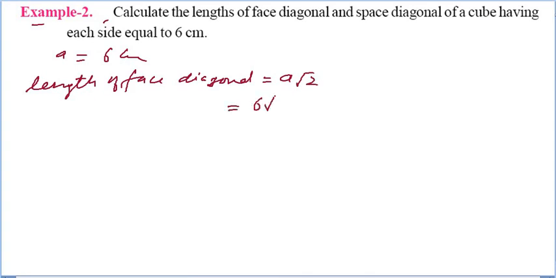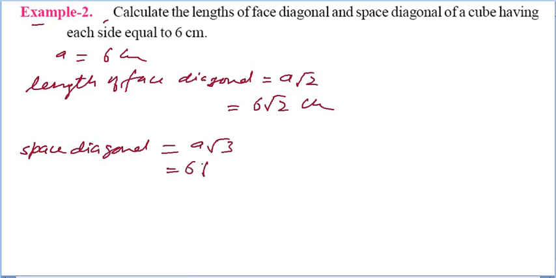So A is given as 6. So 6 root 2 centimeter. Now space diagonal. Space diagonal, that is the A root 3. So it is 6 root 3.